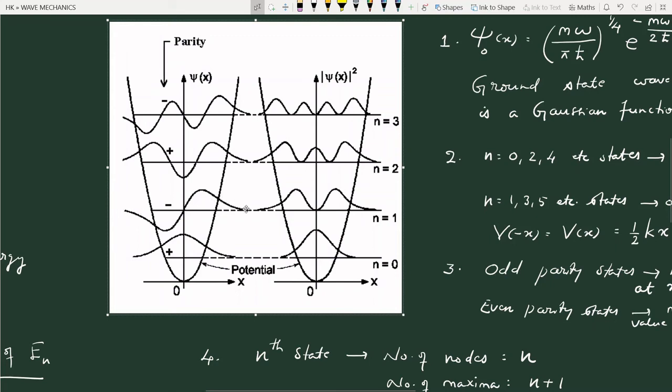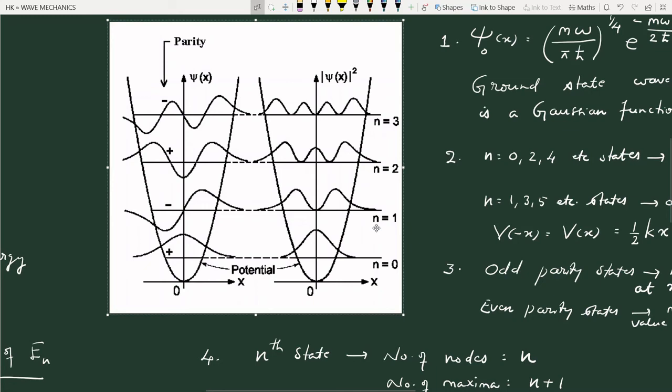It decreases exponentially beyond that, but still extends to some region beyond the classical turning points for all the wave functions. So naturally, the probability density also extends beyond the classical turning points. It means that there is some very small probability of finding the particle in the regions beyond the classical turning points, where total energy is less than the potential energy.